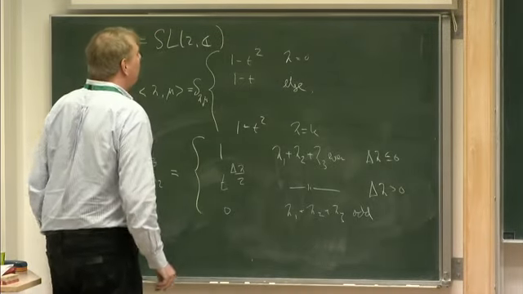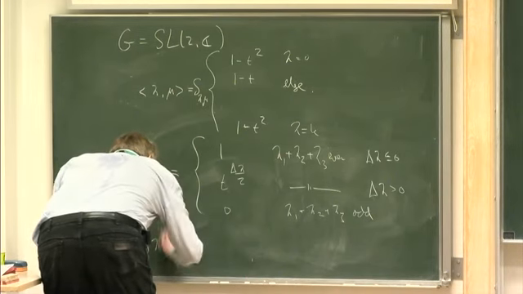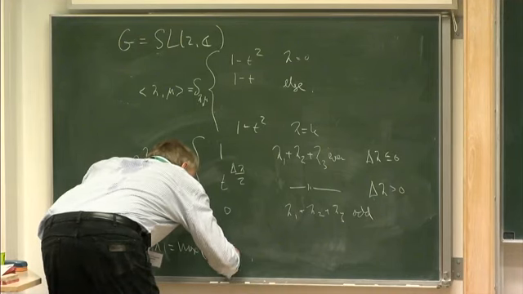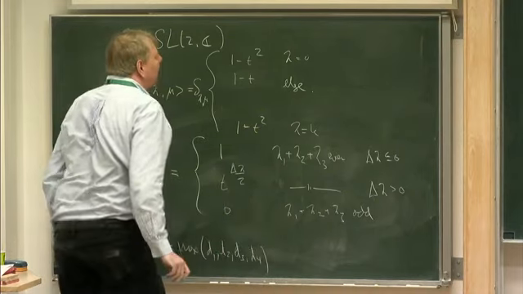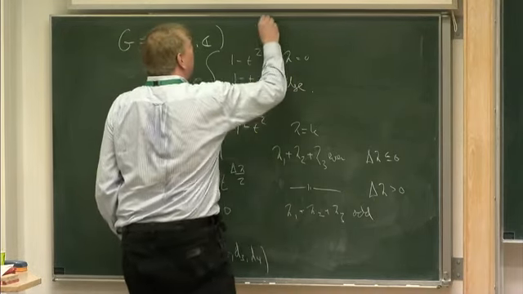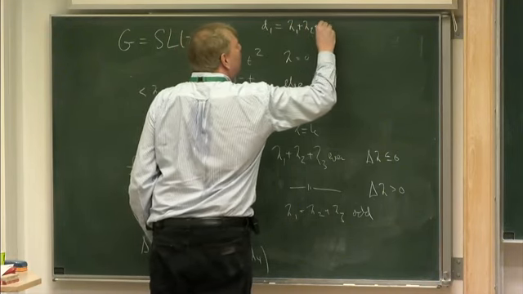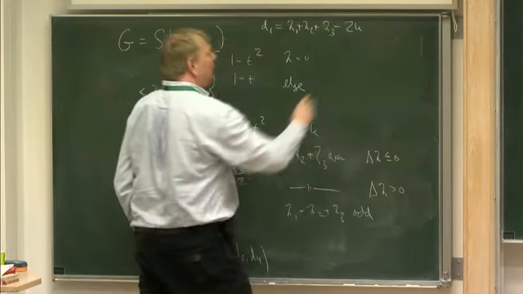And delta lambda is simply the max of d1, d2, d3, d4, where the d_i are the usual things. So d1 is the sum of them minus 2k, and then the rest you know.